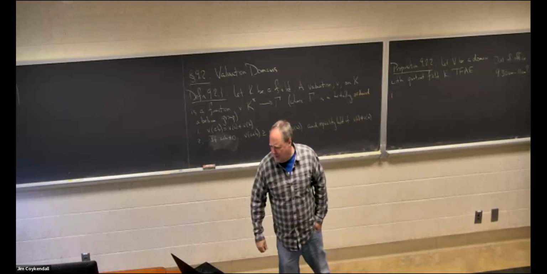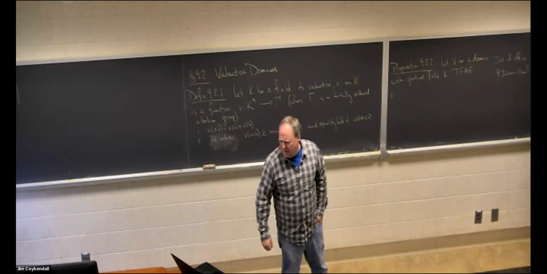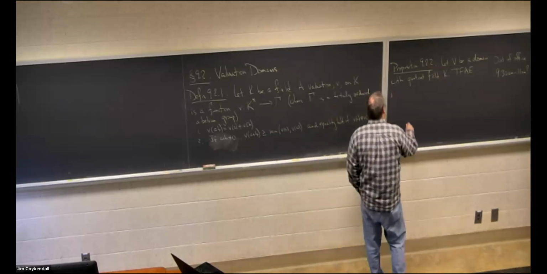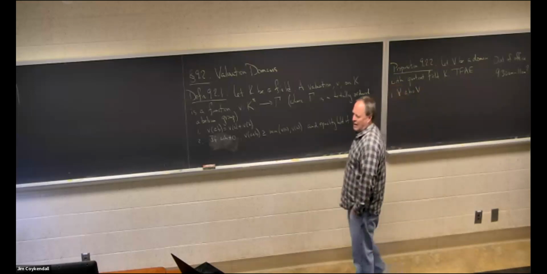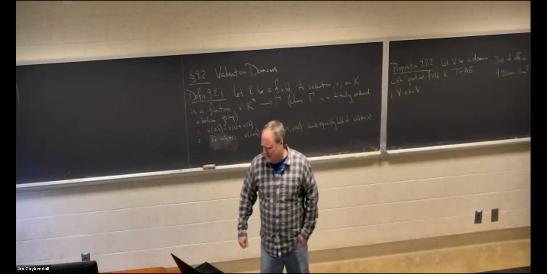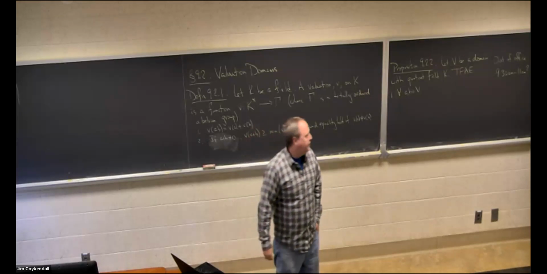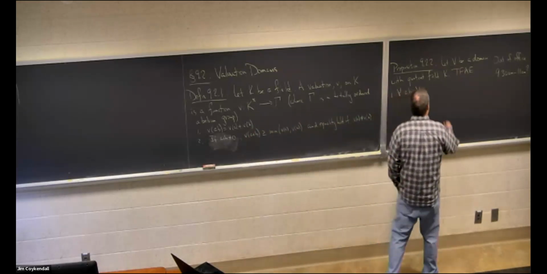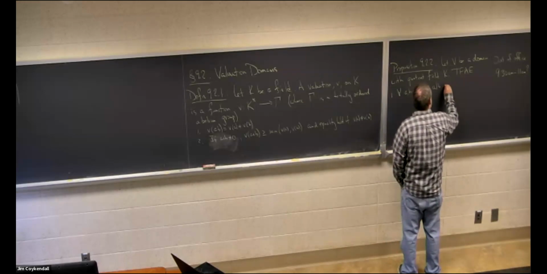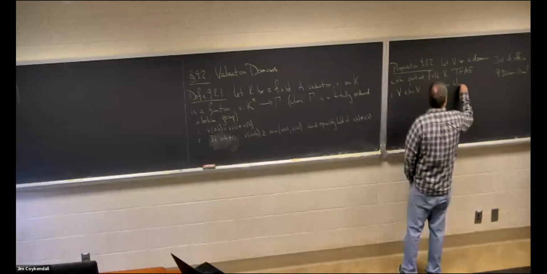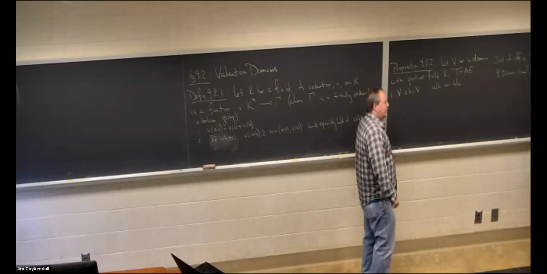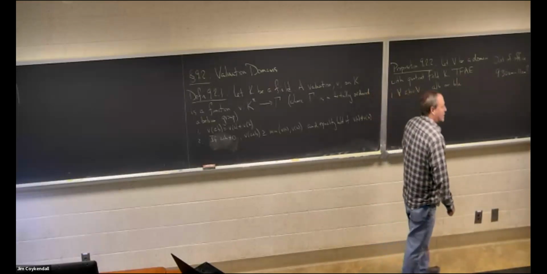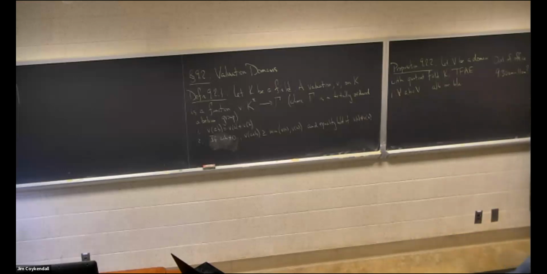Number one, for all A and B in V, either A divides B or B divides A. Technically this even works for A and B, for example. Given any two elements of your domain, one of them divides the other.